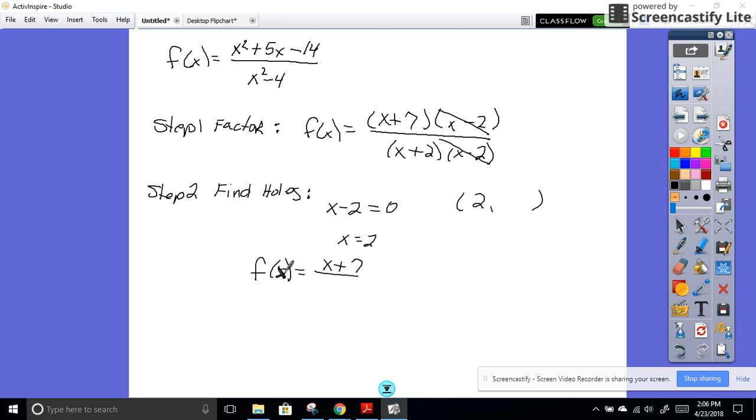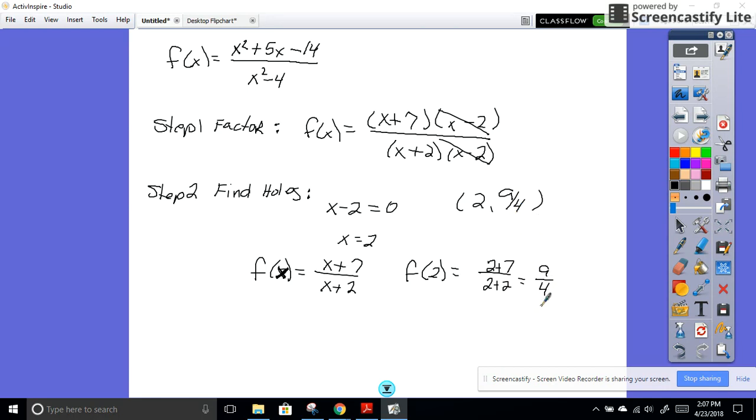The simplified version of my problem is x plus 7 over x plus 2. Now I'm going to plug in 2: 2 plus 7 over 2 plus 2 equals 9 over 4. So my hole is at 2 comma 9 over 4.